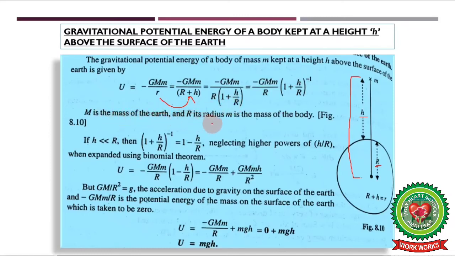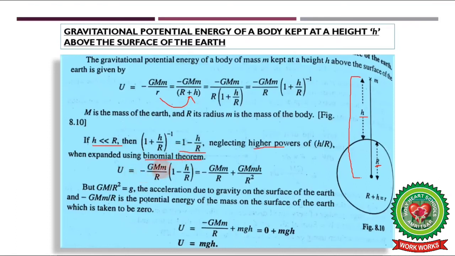M is the mass of Earth, R is the radius, and small m is the mass of the body. Now if h, the height of that object from the surface, is very small as compared to the radius of Earth, then 1 plus h upon R raised to power minus 1 is equal to 1 minus h upon R, according to the binomial theorem.